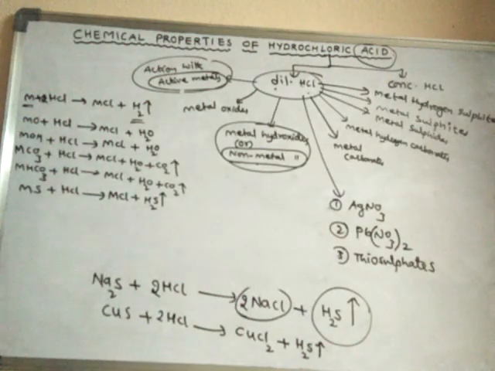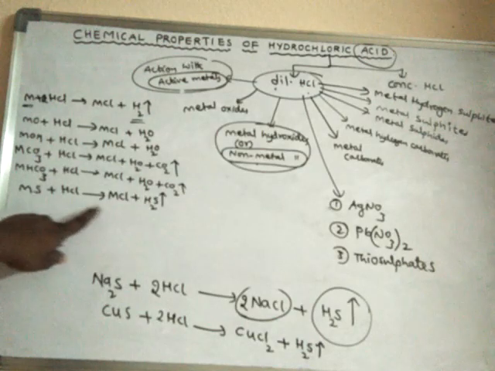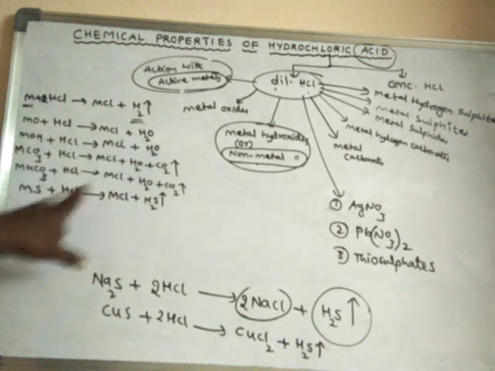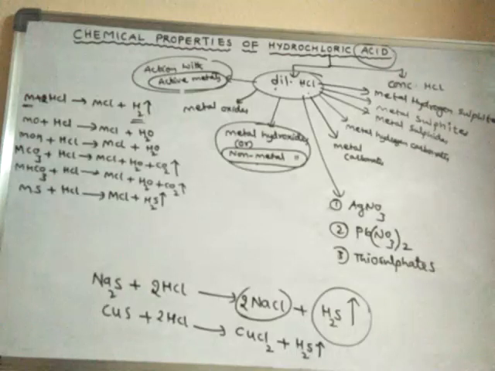Whenever metal sulfide reacts with dilute hydrochloric acid, hydrogen sulfide gas is evolved. Look here, we can compare the metal oxide with metal sulfide. The reaction appears to be almost the same.